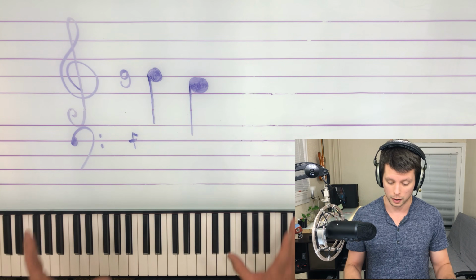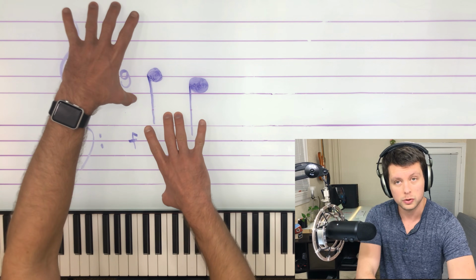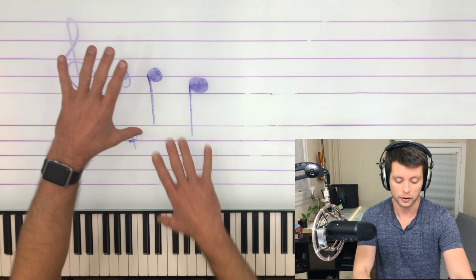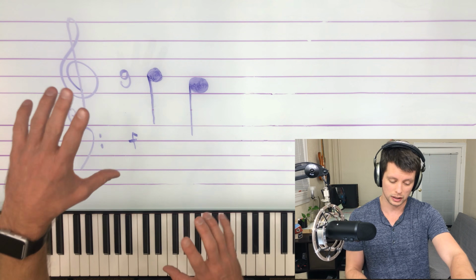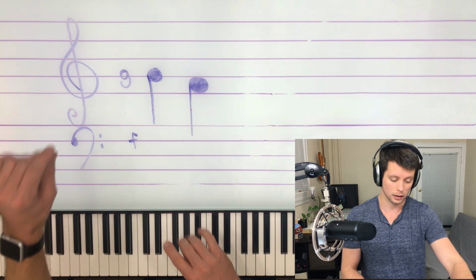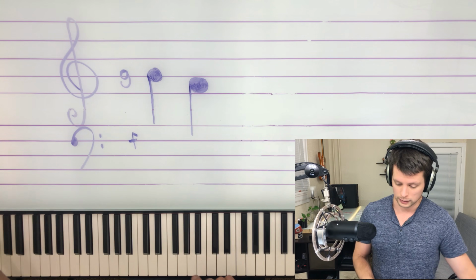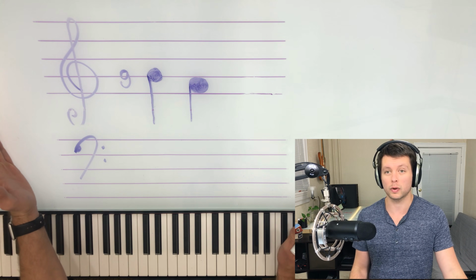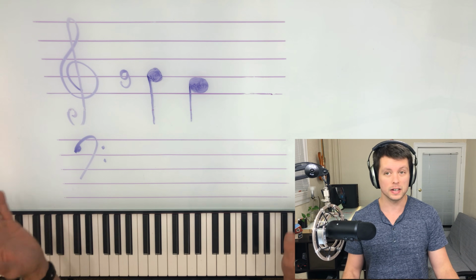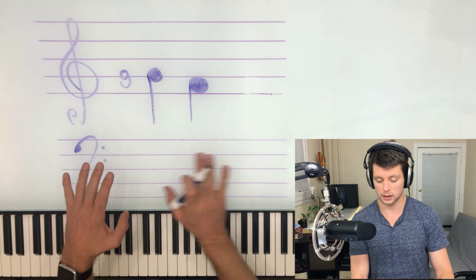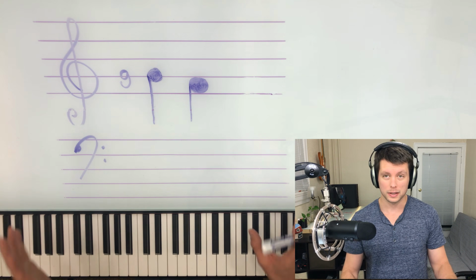Most of the time on paper, these two staves are pushed apart. There's a whole bunch of extra space in between them, and they no longer line up the way they should. So I'll move this down and show you. So this is what a grand staff typically looks like when it's written down. And it feels as if there's a lot of space between this staff and this one, but there isn't.